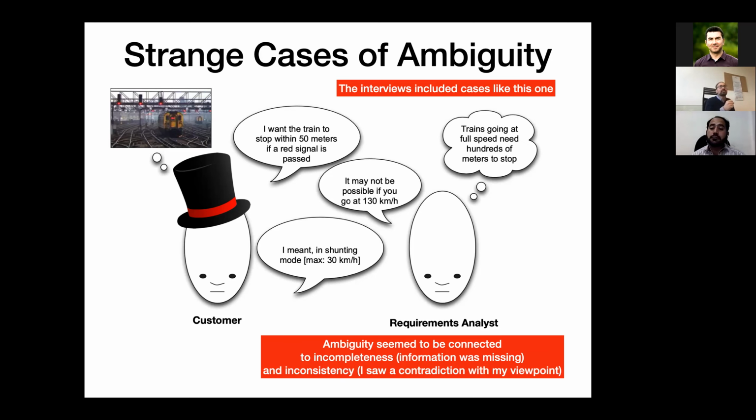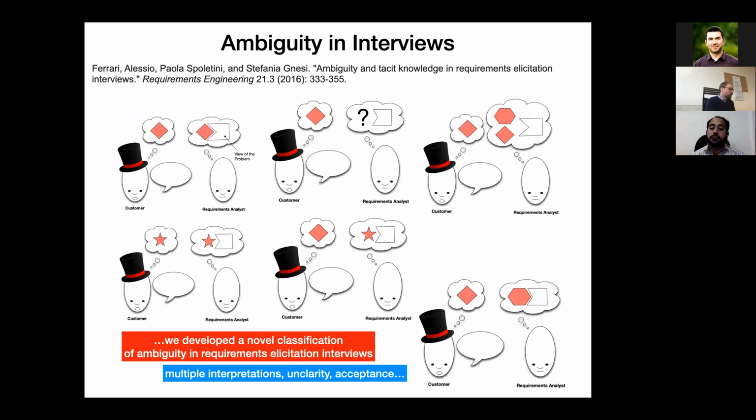Okay, so ambiguity seemed to be related to incompleteness and inconsistencies, and related not just to the interpretation of a requirement, but also to the relationship between the two subjects. And that's why we decided to develop a classification of ambiguity that is specific for requirements elicitation interviews.